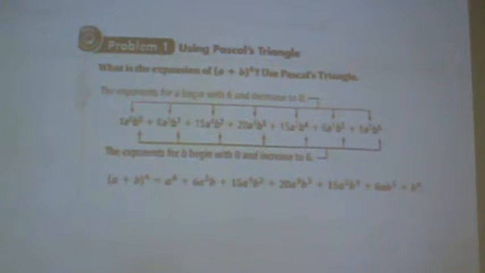So we're going to actually do an example on the next page. So our example is x plus 5 to the 4th. And we're going to use Pascal's triangle to expand this binomial.